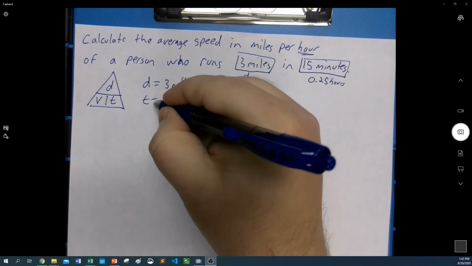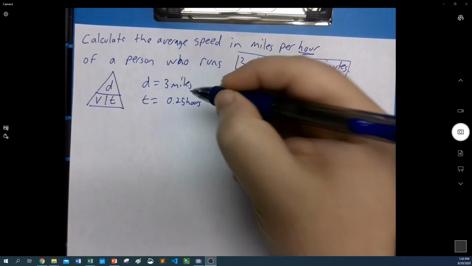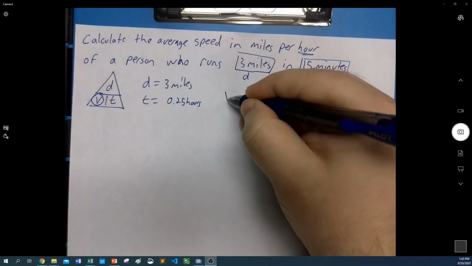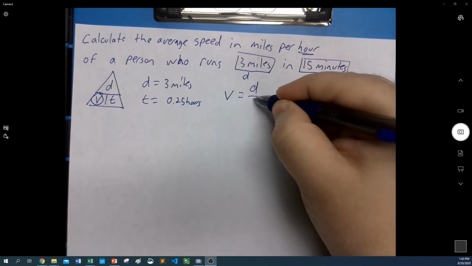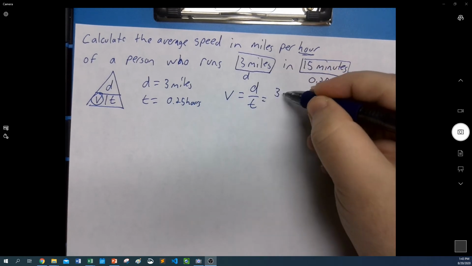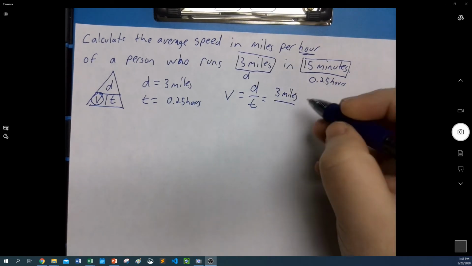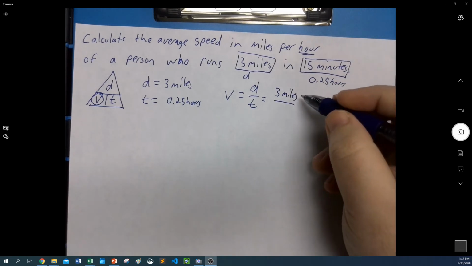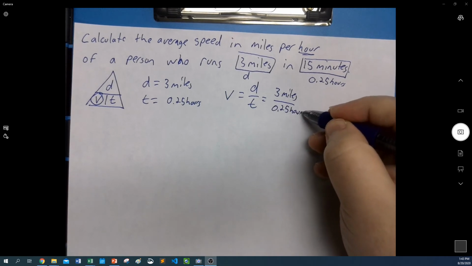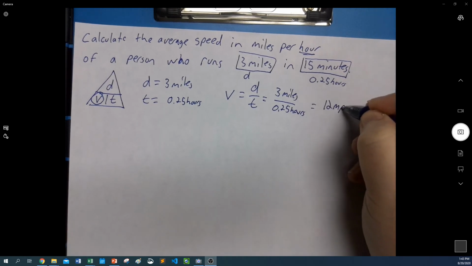Our time is 0.25 hours. And we're looking for speed or velocity. So speed is equal to distance over time. That would be, our distance is 3 miles. Our time is a quarter of an hour, or 0.25 hours, which would be 12 miles per hour.